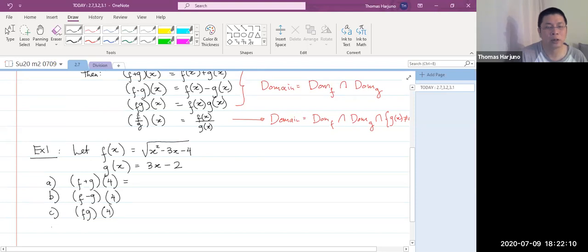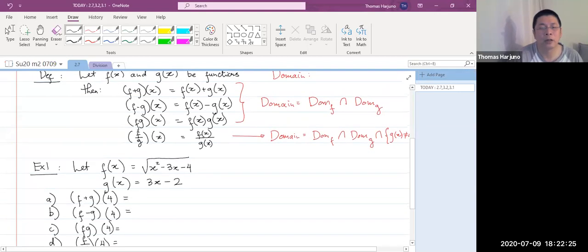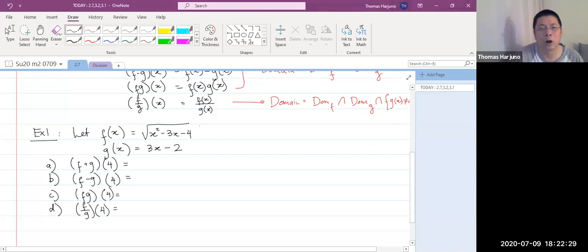And part D, f over g at 4. Now, each one of these requires us to know what f(4) and g(4) are.